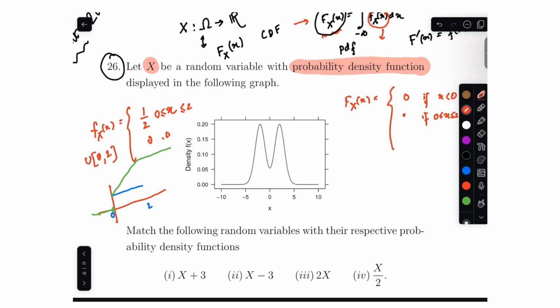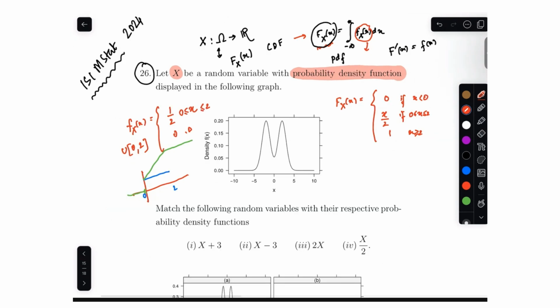Okay, let's integrate. So it should be x by 2 ideally, and 1 if x is greater than or equal to 2. But you can see here that the CDF is not differentiable, because there's a discontinuity here, and that's very, very important. The CDF is not differentiable, and hence f(x) is not the derivative in general. The general definition is this.